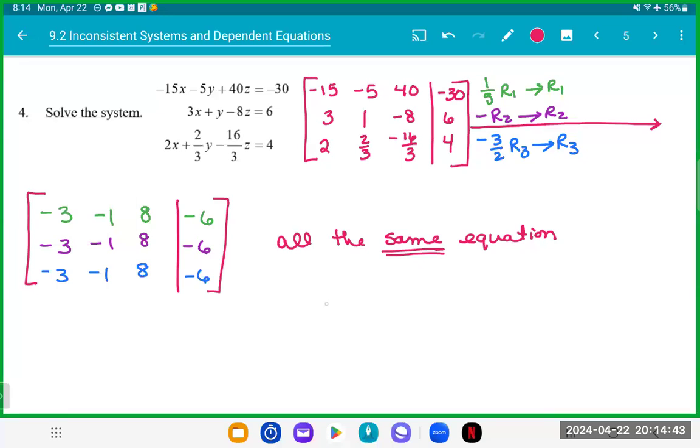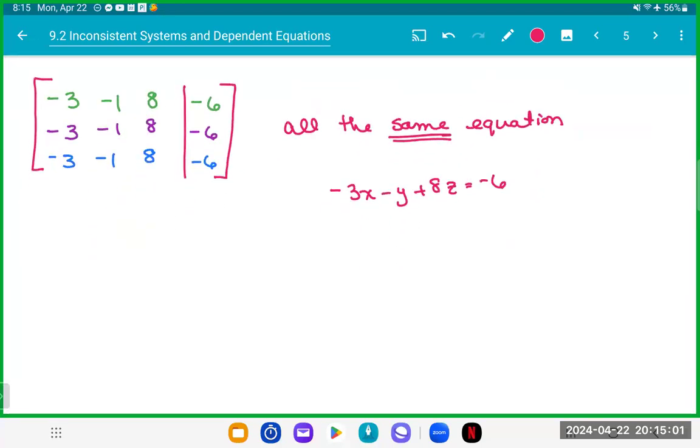And in its simplest form, we have negative 3x minus y plus 8z is equal to negative 6. Okay. So we could write this system as the set of x, y, z such that negative 3x minus y plus 8z is equal to negative 6. So that's one way we could have written it.